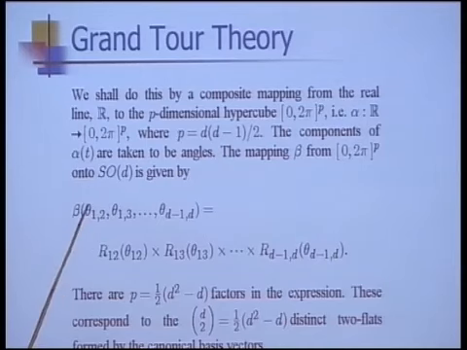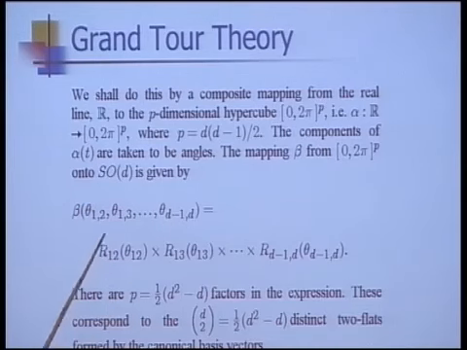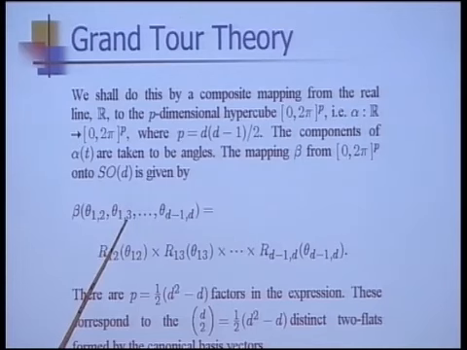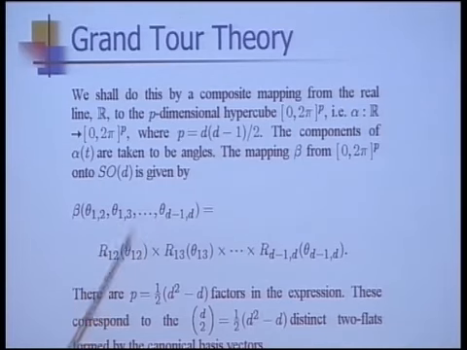So we construct a mapping where theta 1,2 is the rotation angle in the 1,2 plane, theta 1,3 is the rotation angle in the 1,3 plane, up through theta d-1,d, the rotation in the d-1,d plane.